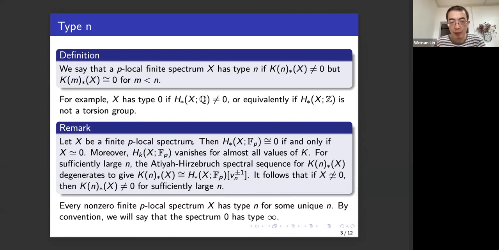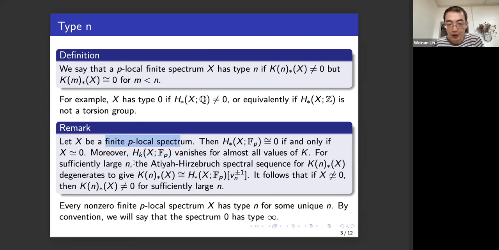We have a kind of dimension theorem, and in the world of spectra we have a similar thing. Finite spectra means finite CW spectra, spectra with finitely many cells, and then of course the homology vanishes for almost all values of k.